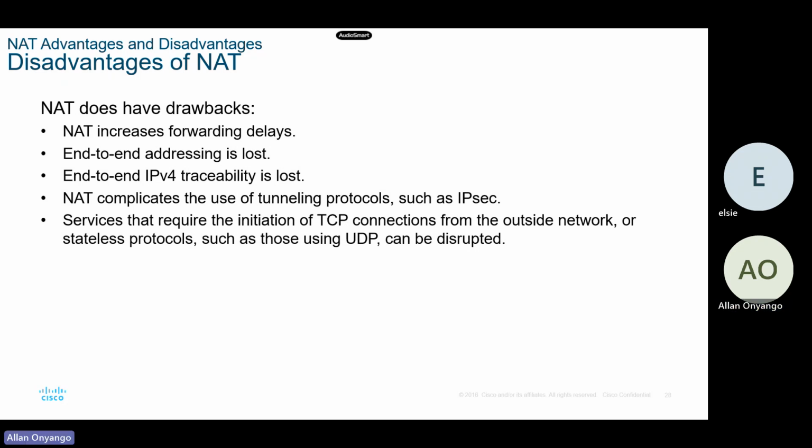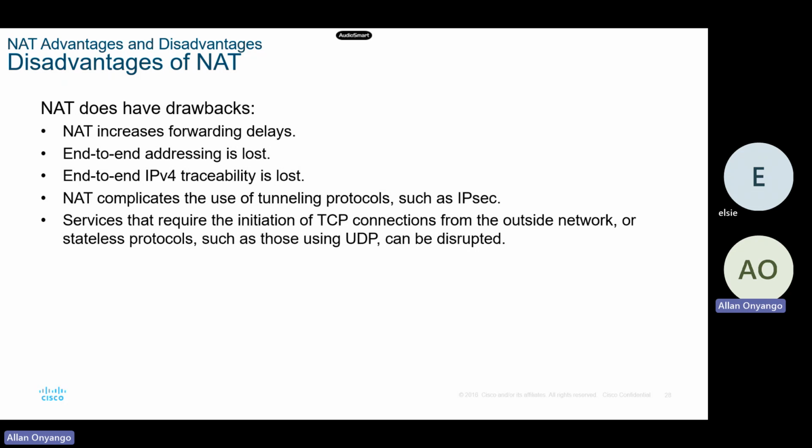When you want to access another device in another LAN or another network, that end-to-end addressing is lost, because there's always private to public, then public to another private on the other side, and that loses the end-to-end addressing for devices in different networks. And that means you're not able to ping, you're not able even to trace private addresses in another network. You cannot use traceroute to do that.